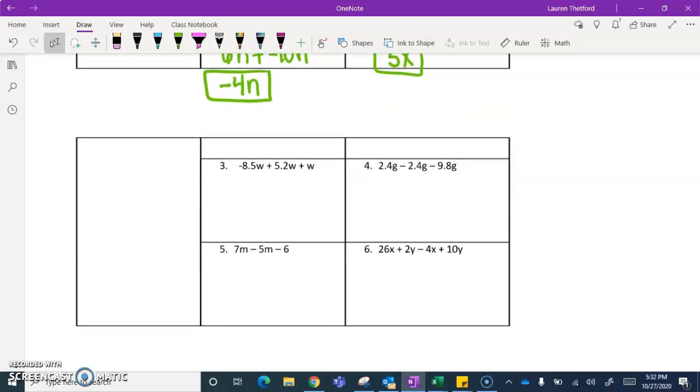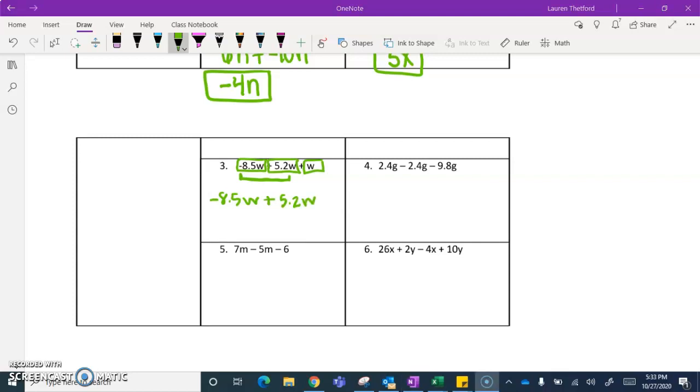Again, it looks like we have everything with a w. So all of these terms are like terms. Even though they're decimals, we can still combine them. I'm going to do the first two terms first: negative 8.5w plus 5.2w.